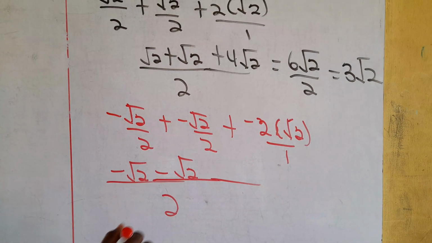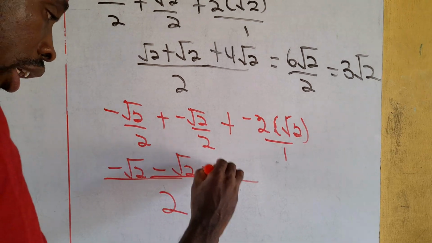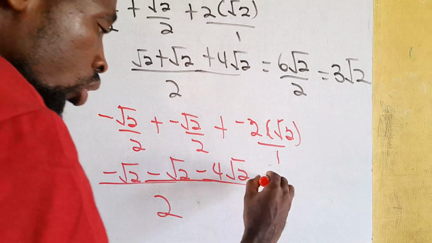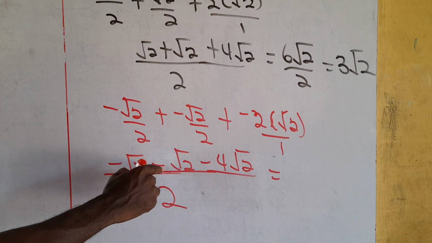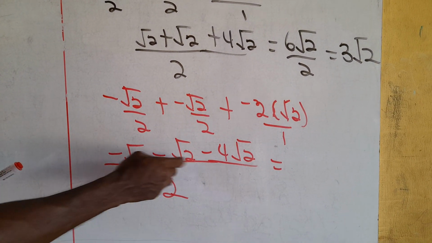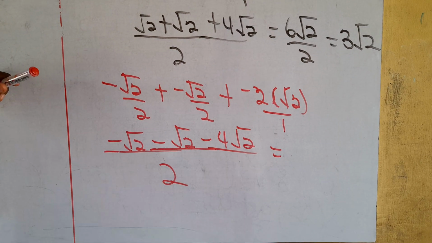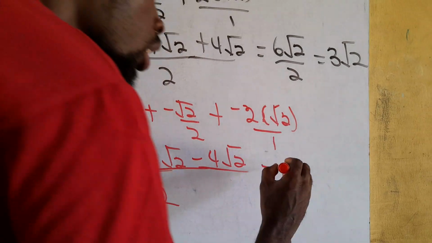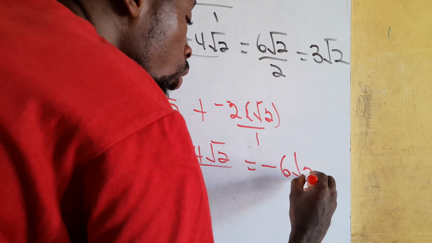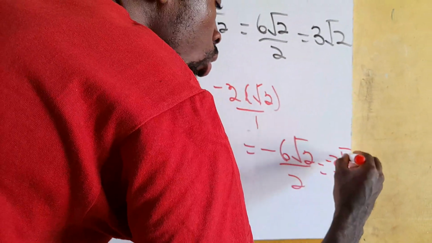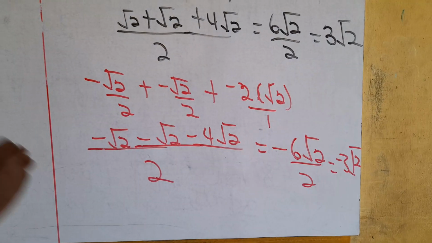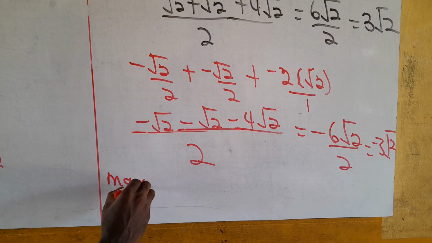Then 1 goes here 2 times, that will be minus 4 root 2. When we simplify, minus root 2 minus root 2 will be minus 2 root 2, minus 4 root 2 will be negative 6 root 2 over 2, and that will be negative 3 root 2.